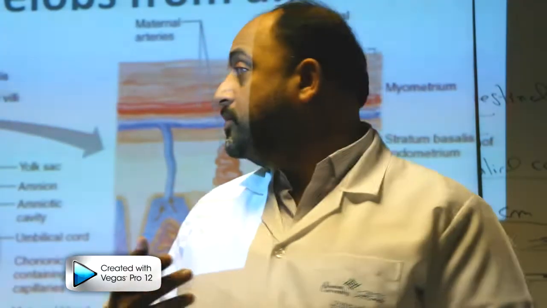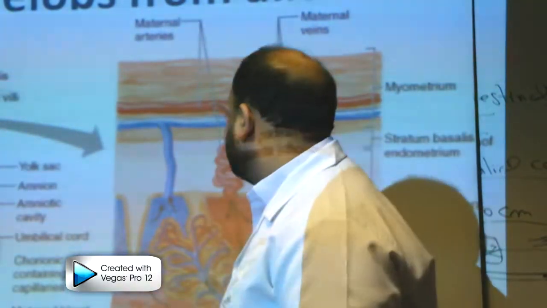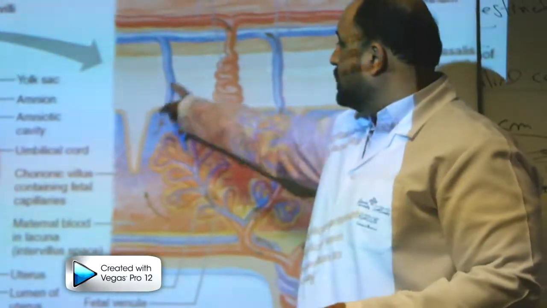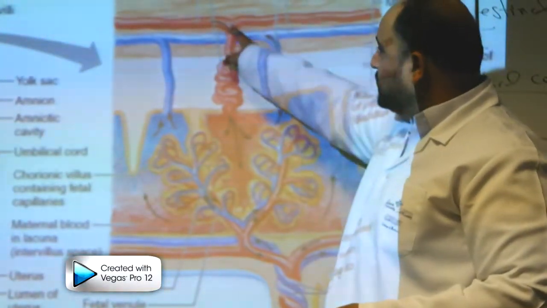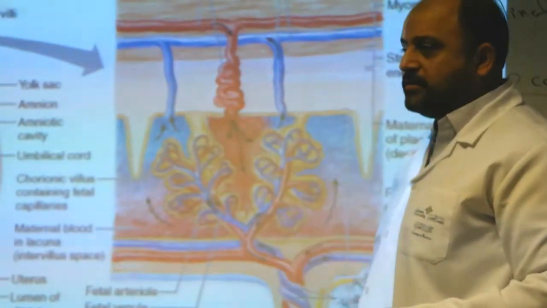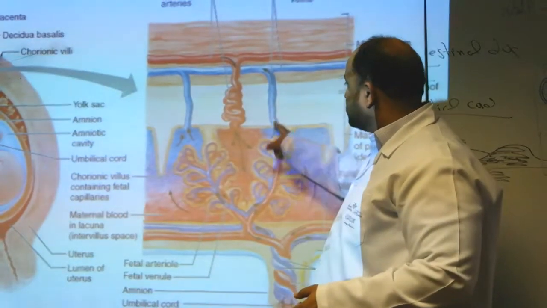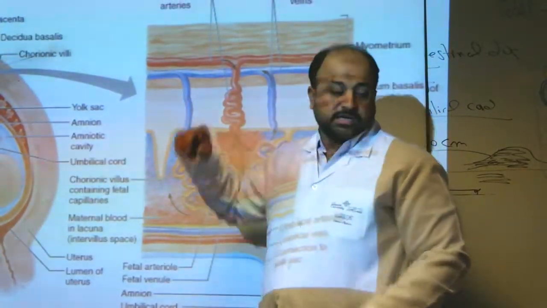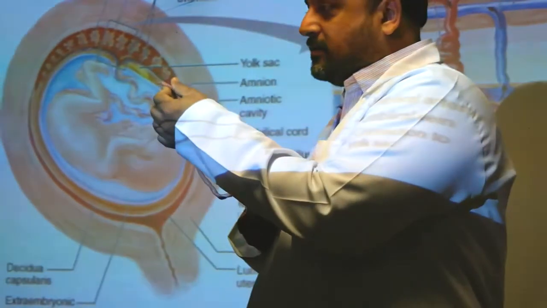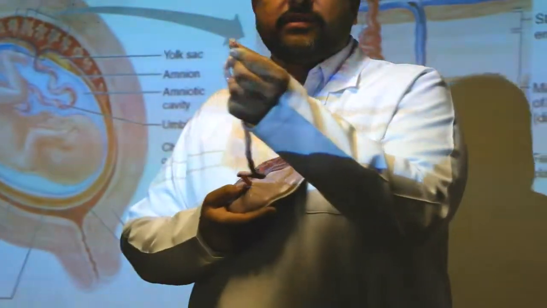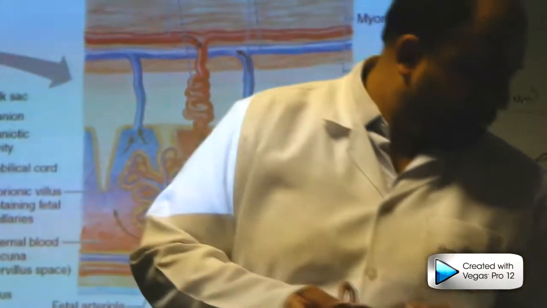So one vein and two arteries. You can see two arteries and one vein. The vein is bringing blood towards the fetal side and the artery is carrying it outside. Here you can clearly see the two arteries are blue in color and the one vein is red in color, clearly visible in this umbilical cord.